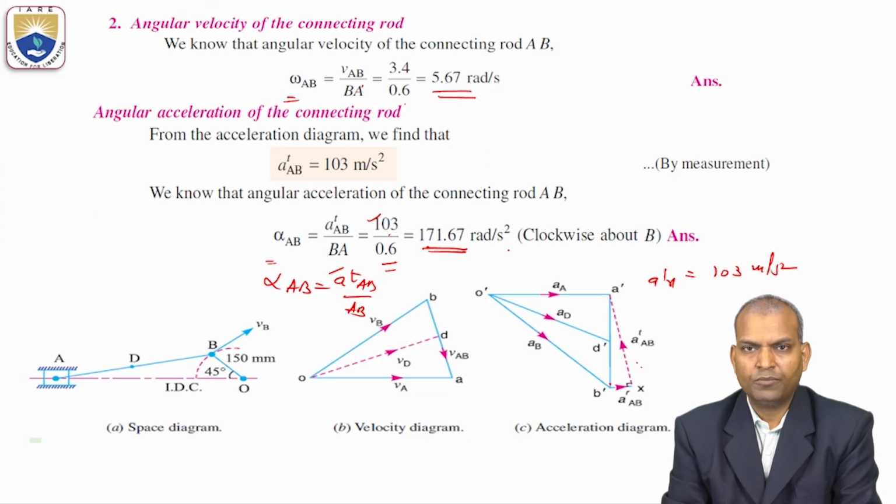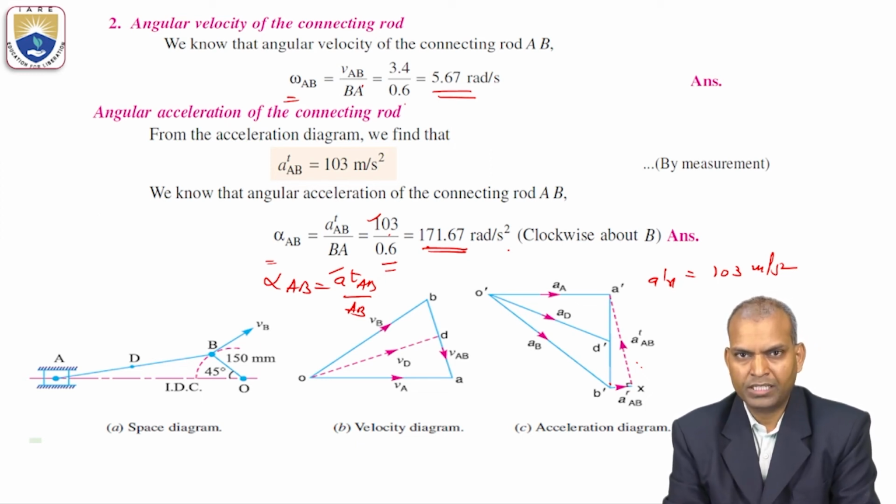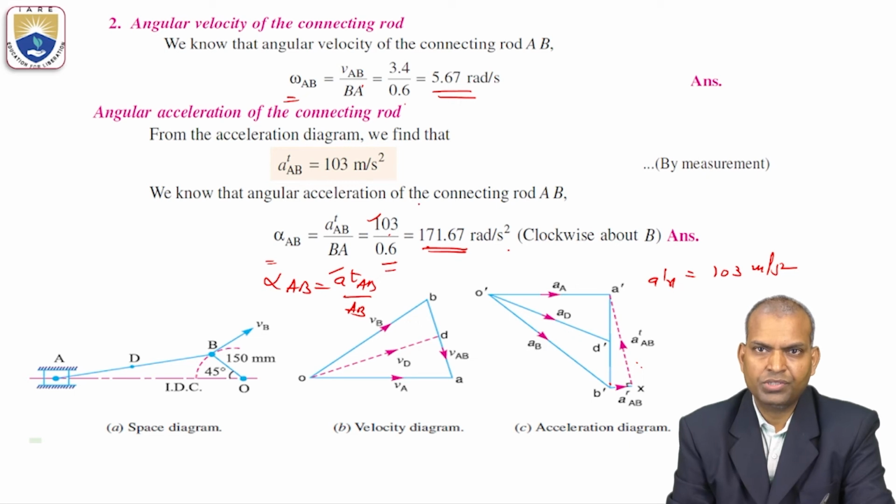So these are the two objectives we completed in this problem. By considering the slider crank mechanism, we found both angular accelerations and velocities of the midpoint D and also of the connecting rod AB.